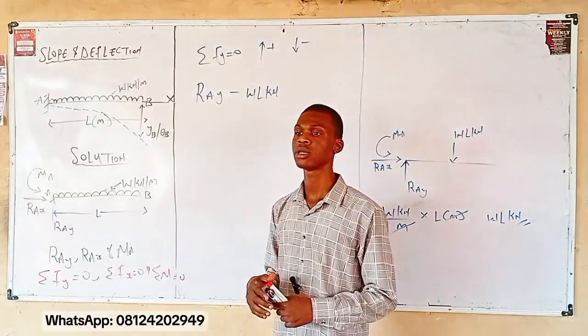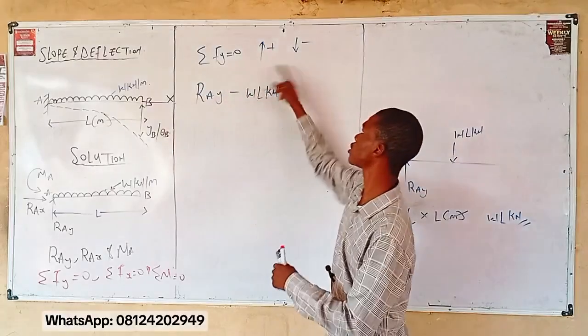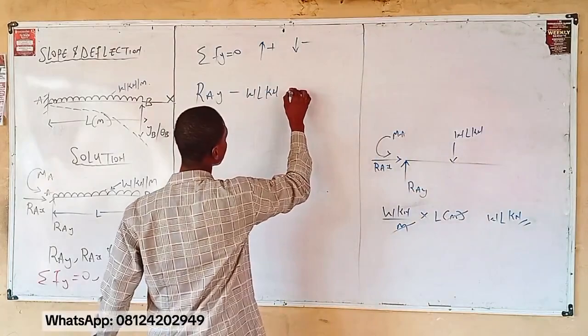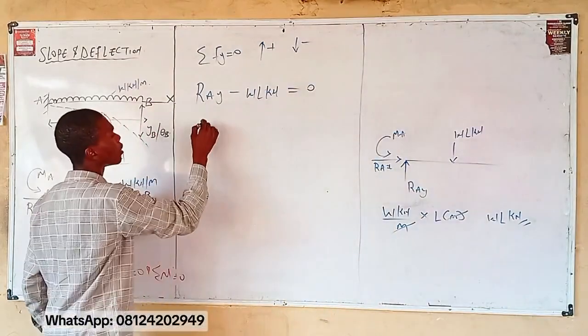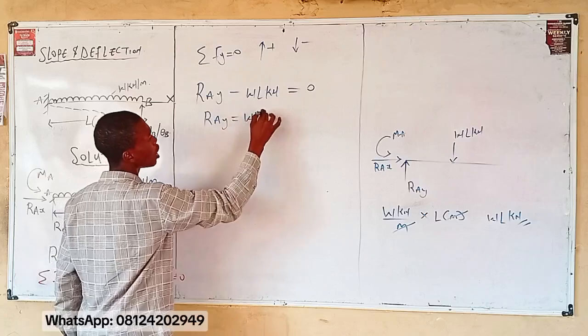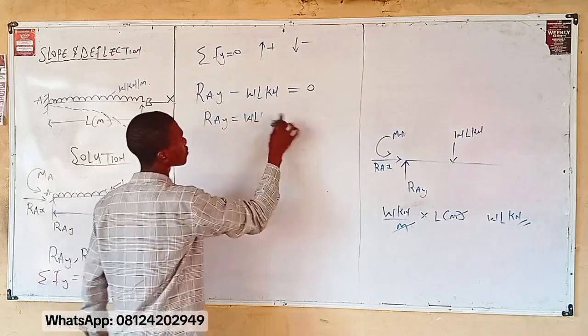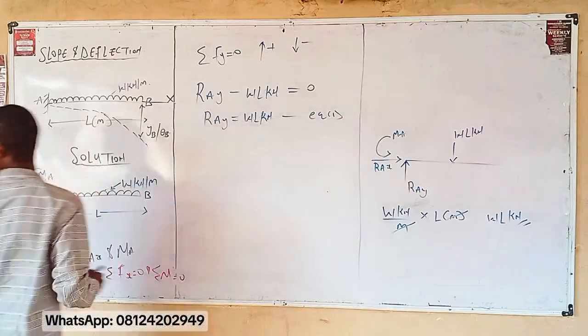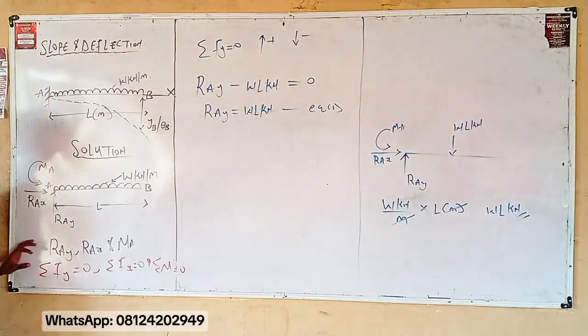Yes. If yes, equate to 0. Then RAY is equal to WL kilonewton. Call this equation 1. From here, what are the unknowns we are looking for?